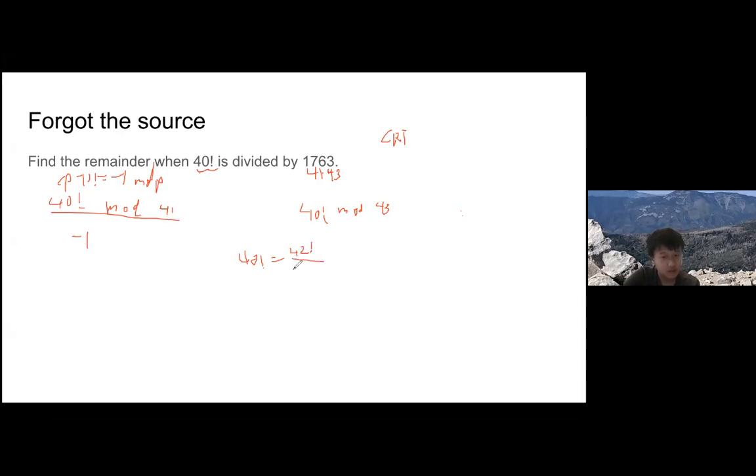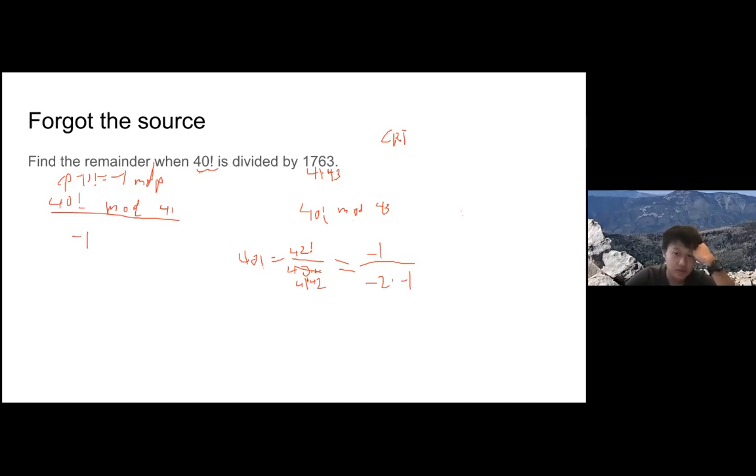So right, 40 factorial is 42 factorial over 41 times 42, which this 42 factorial becomes -1, as we know. In fact, we can also write the 41 and 42 as -2 and -1 because this is mod 43.